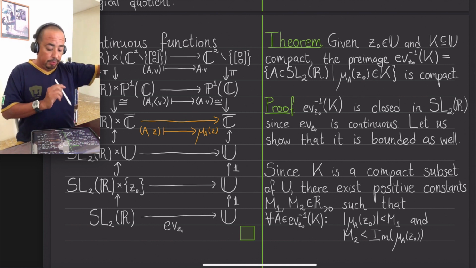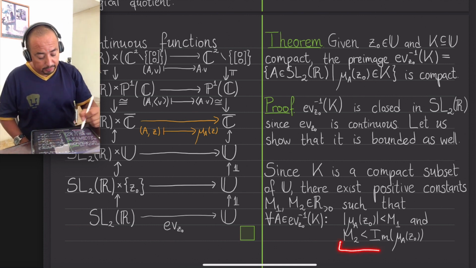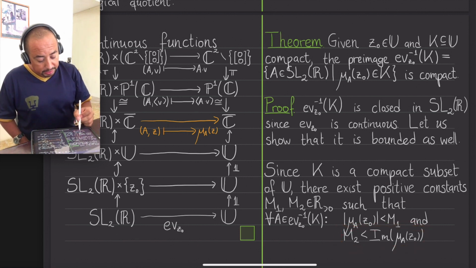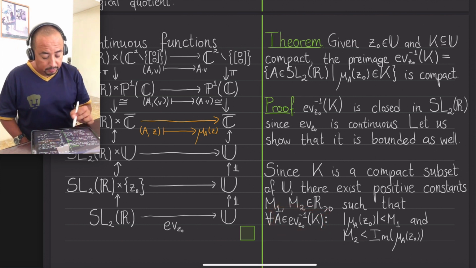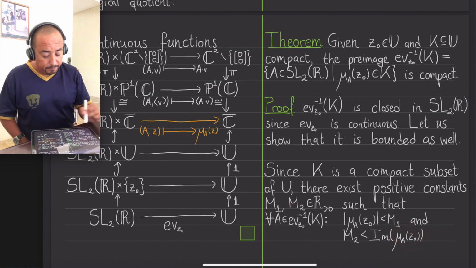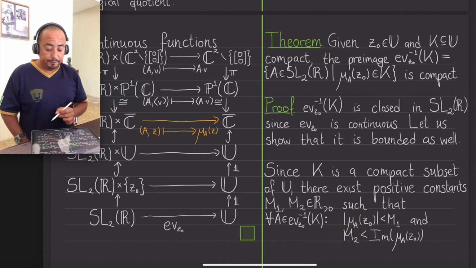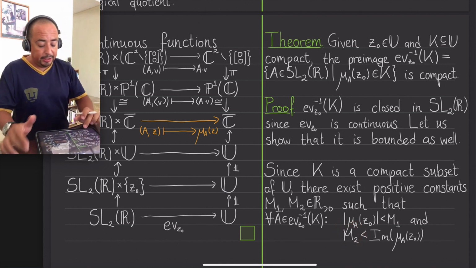So they have to stop somewhere above 0. So that's what this says, that all the imaginary parts of elements of K, and hence also for mu A of Z0, are greater than this other positive constant. So that also follows from compactness.